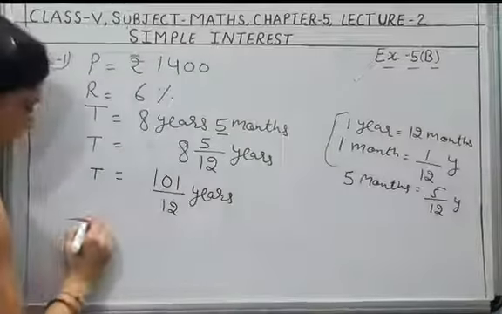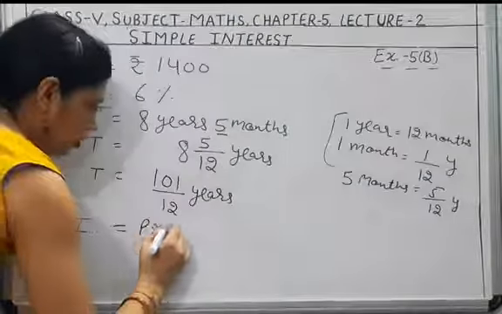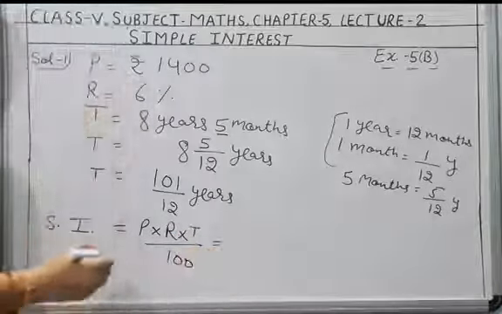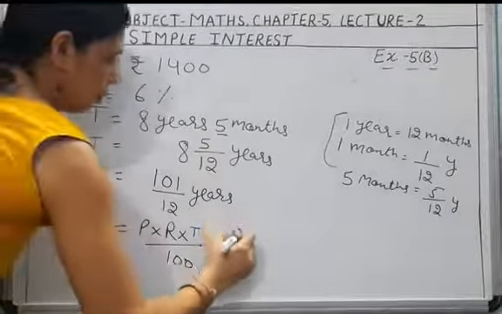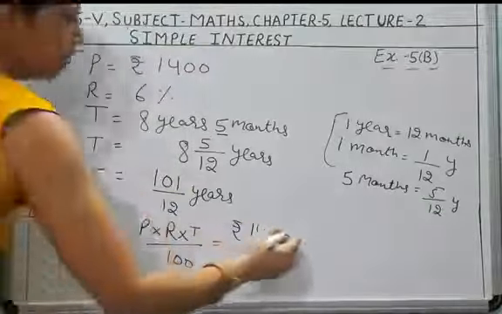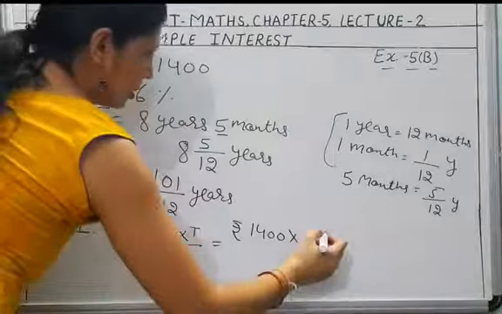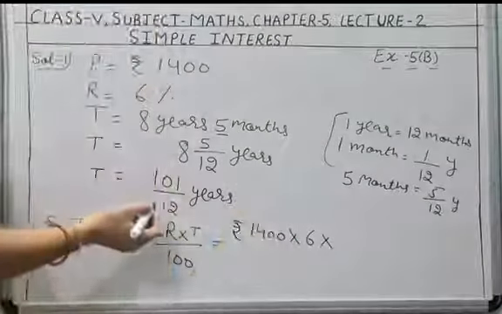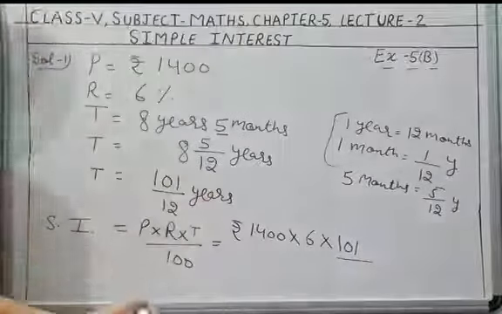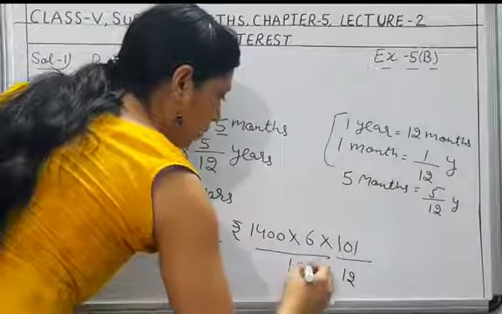Now we have to calculate the interest first, simple interest. P into R into T upon 100. Principal rupees 1400 multiply rate 6% into time 101 upon 12. 12 will become denominator. Upon we write down 100.